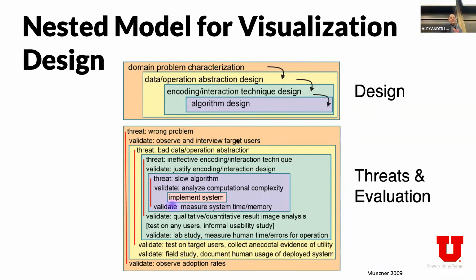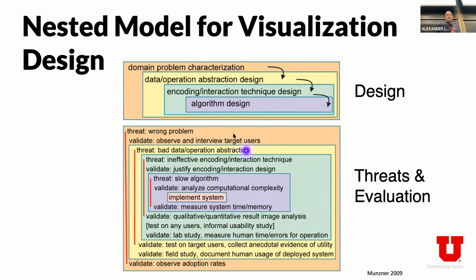But of course, after you've built the technique, you can do a second validation step where you could do some qualitative or quantitative data analysis. You could run a lab study, or you could measure human time and errors, or you could do log file analysis. You could basically test on any users, right?